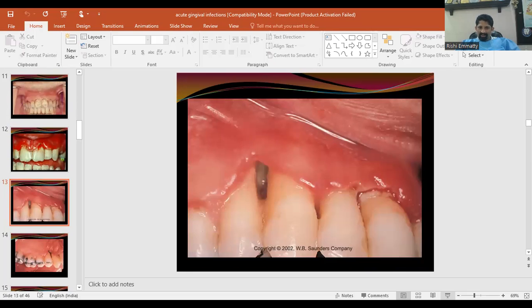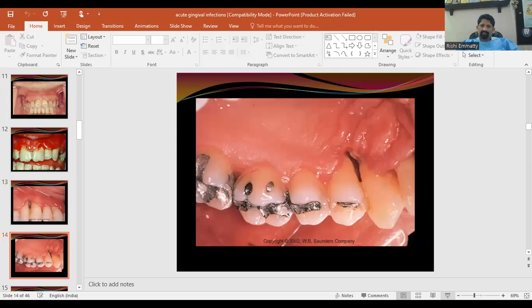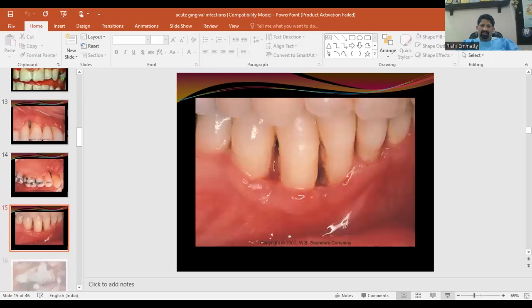In this stage you can see the bone exposure between canine and the premolar, that it's changing from necrotizing ulcerative gingivitis to necrotizing ulcerative periodontitis. The same case, palatal side, you see that there is bone affected.